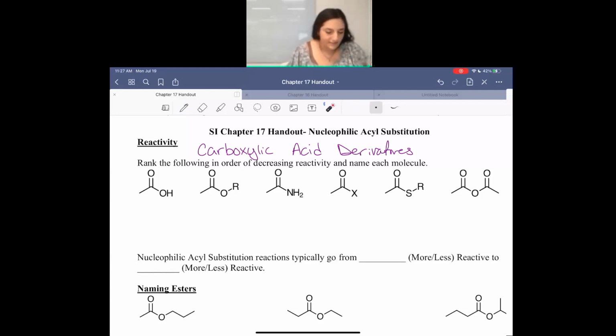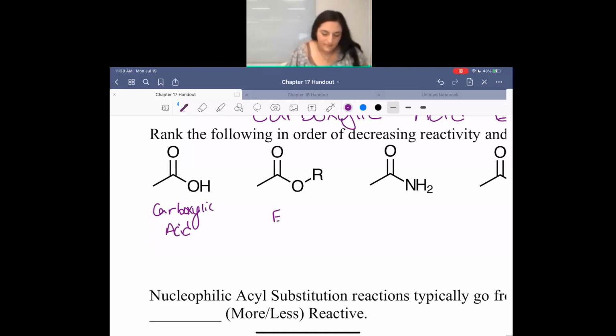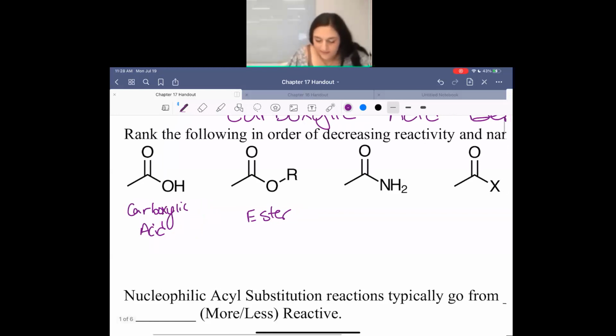So what's this guy? Carboxylic acid. Cool. Next up, ester. Cool, next up. Amide, exactly.